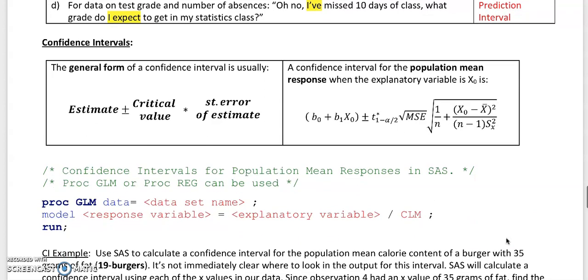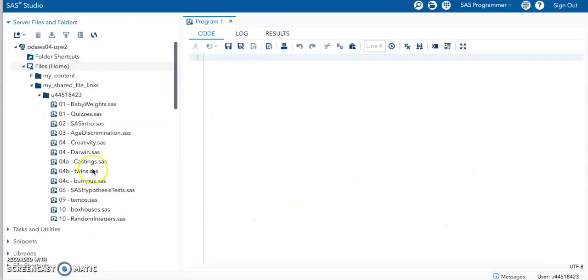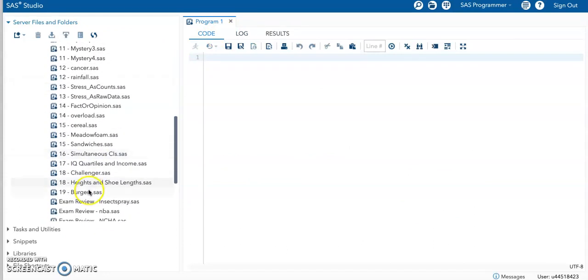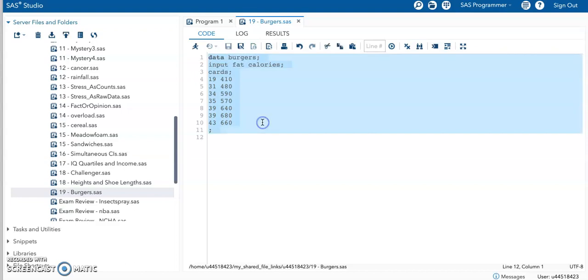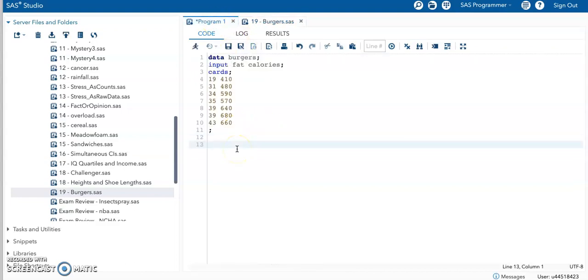All right. So we can do this with the burgers data set, and I'll go and try that out real quick. Let me bring up the burgers data set, and it's taking a few seconds here to load. I'm going to copy this into a different window so that it lets me make edits, and I'm going to type out my code here.